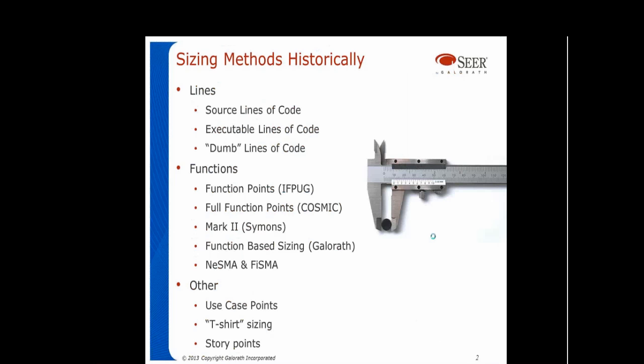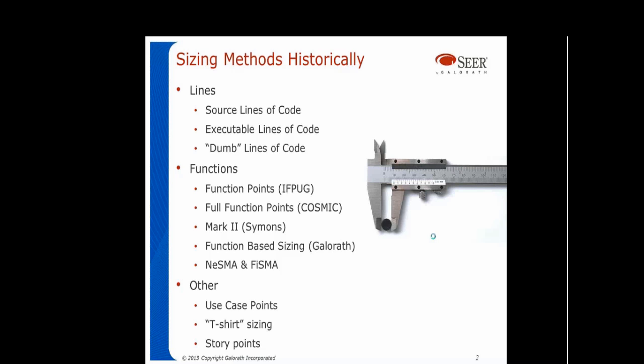Sizing methods. There are a bunch of ways to size software. You can use lines, you can use functions, and then there are the other methods out there now, particularly with the advent of agile life cycles and the need for storyboards to have some sort of size associated with them. You now have use case points, t-shirt sizing, story points.